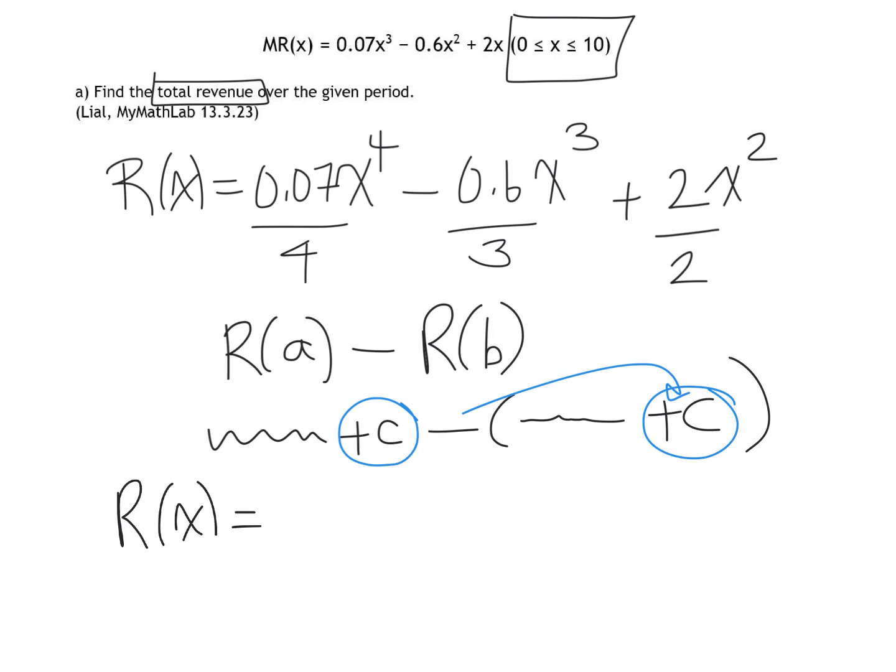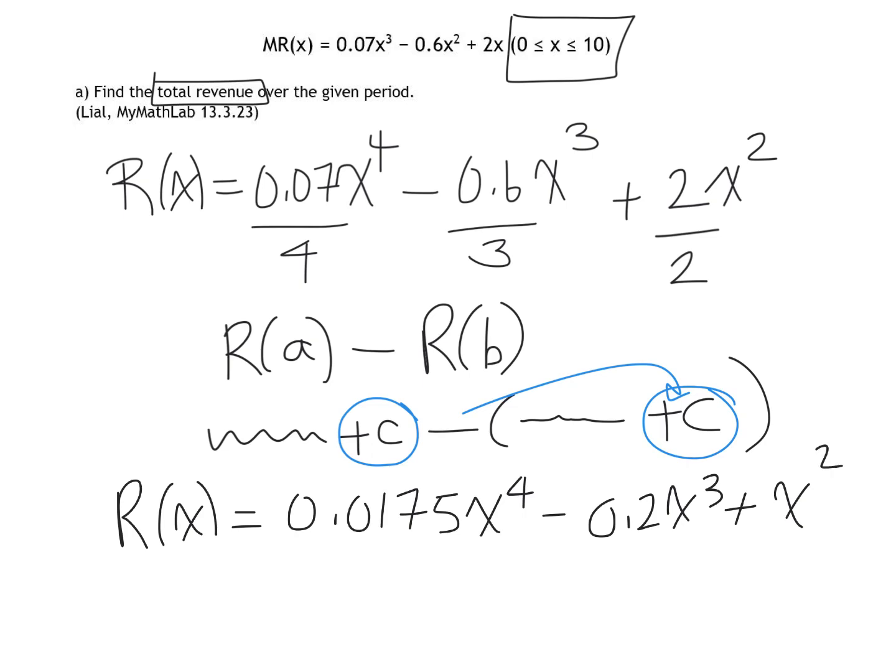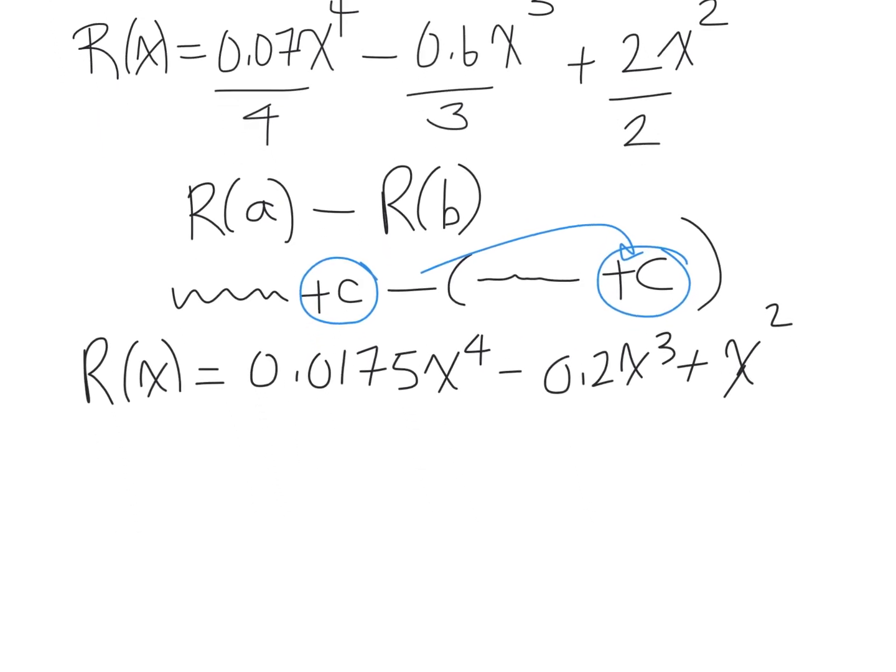So our revenue function has 0.0175 x to the 4th minus 0.2 x cubed plus 2 divided by 2 is 1, so that's x squared. Yeah? Okay.